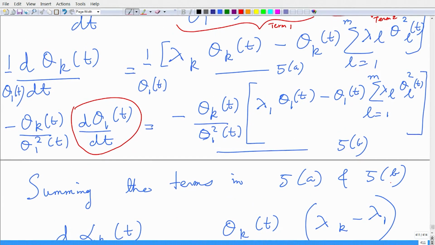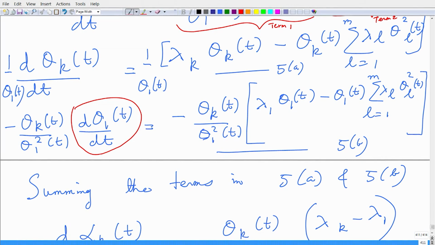So, if you see, on one side I have minus theta k of t upon theta 1 that is appearing before this summation in 5a, and in 5b appearing before the summation is plus theta k upon theta 1, right, if I do the simplification.